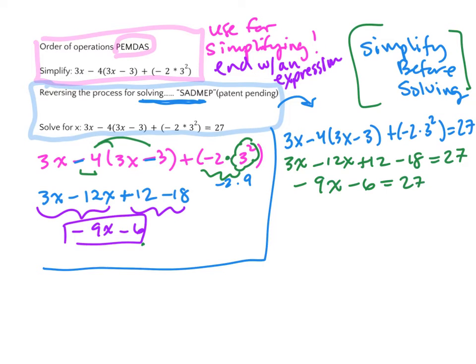I know in class I dropped one of the 18, so I didn't want to do that. Okay, now I can solve, so now I use SADMAP. You don't have to call it SADMAP, you can just call it solving, but the idea is there. I'm going to think to myself, can I add or subtract? Yes. So I'm going to add 6 to both sides.